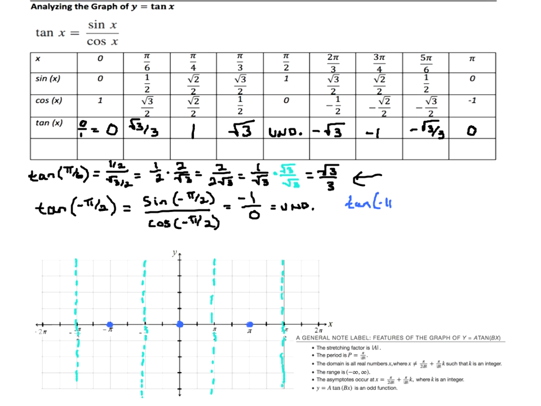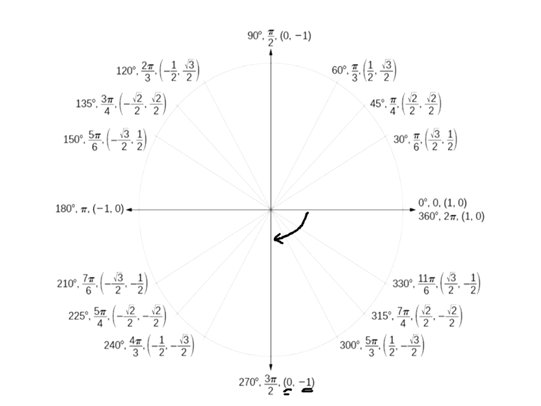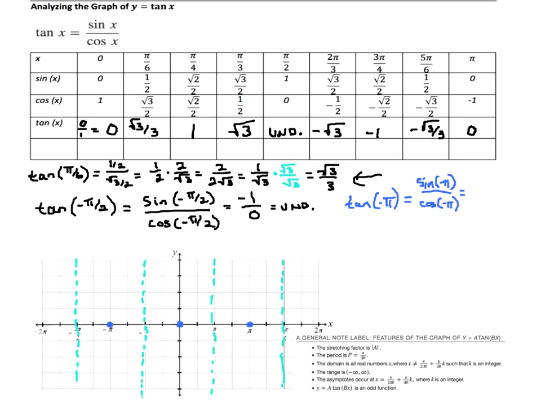Tangent of negative pi is the same thing as the sine of negative pi divided by the cosine of negative pi. Okay, let's go back to our unit circle. Negative pi is the same thing as pi. And so I get the same value as I get when I get pi.